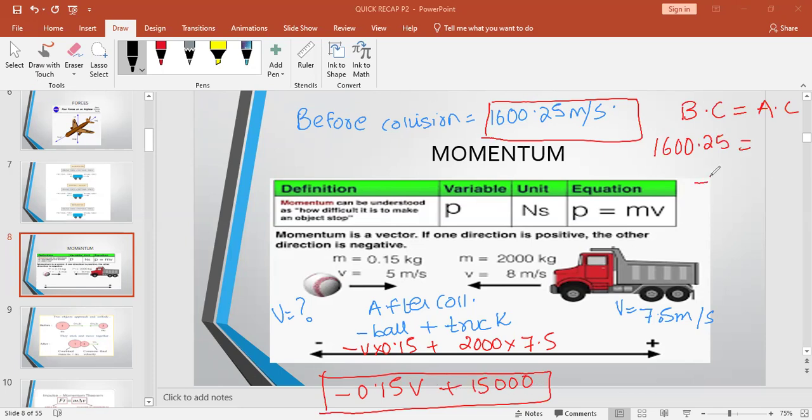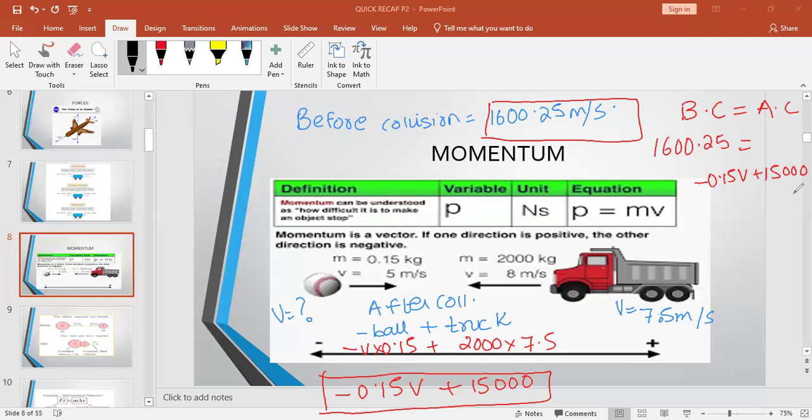So this will become minus 0.15 V plus 15,000. Can you get the value of this V, which is representing the speed of the ball, from this equation now? Get the value quickly.